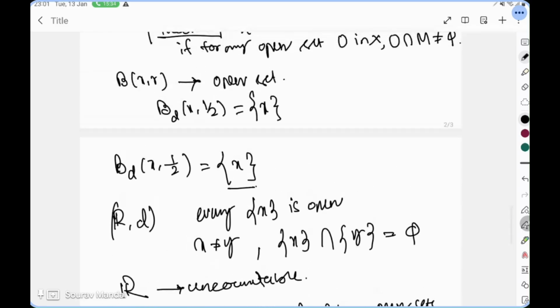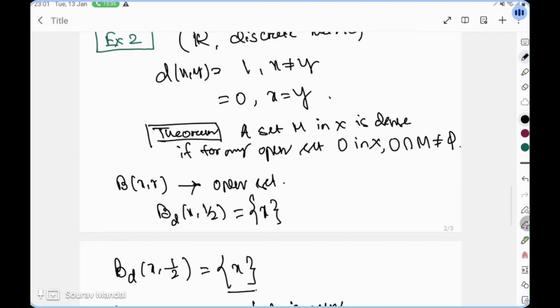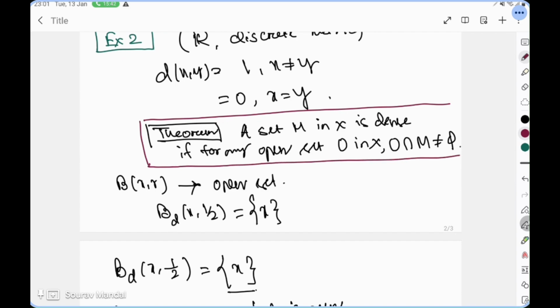Okay, and which result have we used to prove this? Suppose a set M in X is dense if for any open set O in X, O intersection M is non-empty.